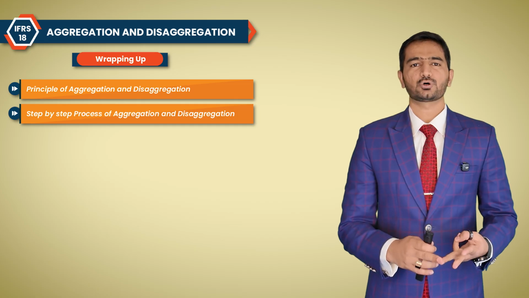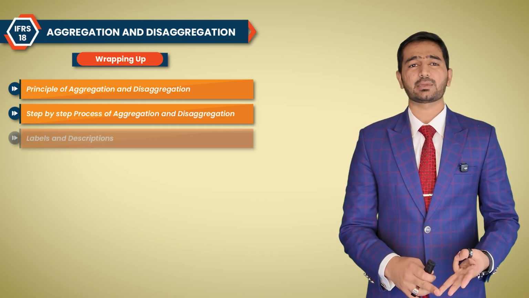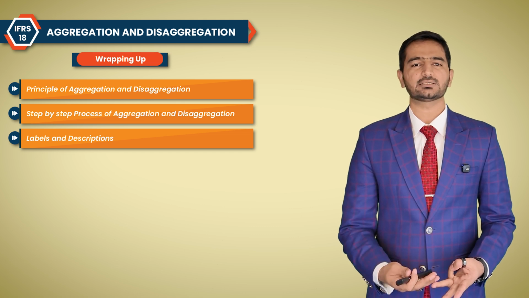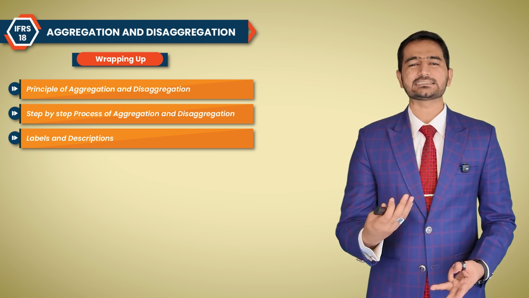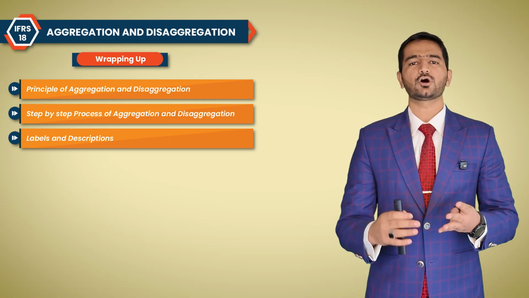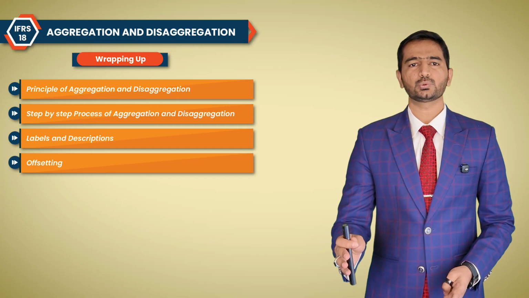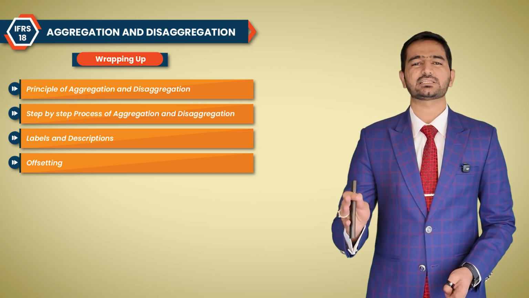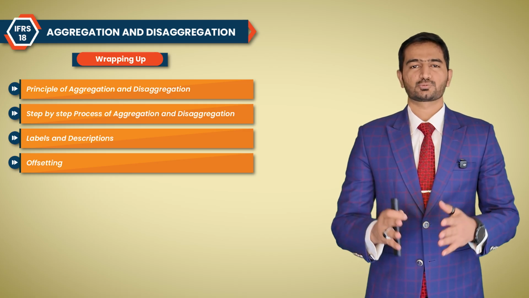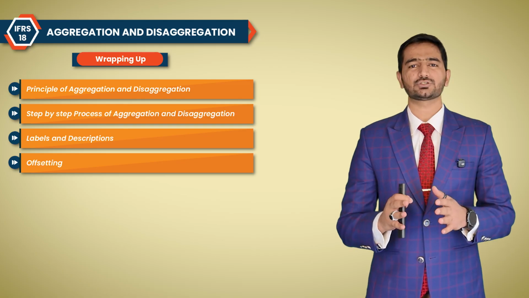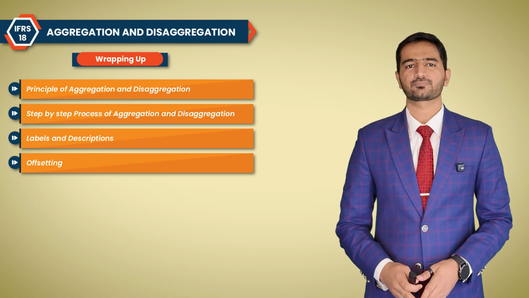We saw the importance of labeling and describing items properly and the need to faithfully describe the item so that users know exactly what they are reading. And finally, we covered offsetting and the strict rule that it is not allowed unless another IFRS standard specifically says so. So my friends, do we understand now how aggregation and disaggregation works under IFRS 18?